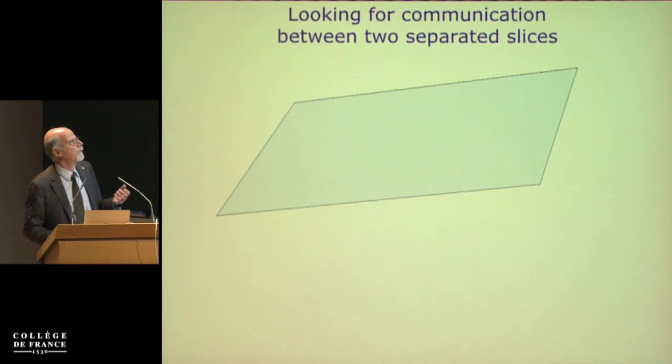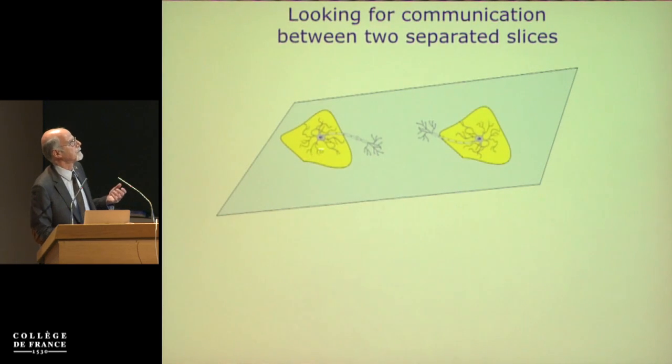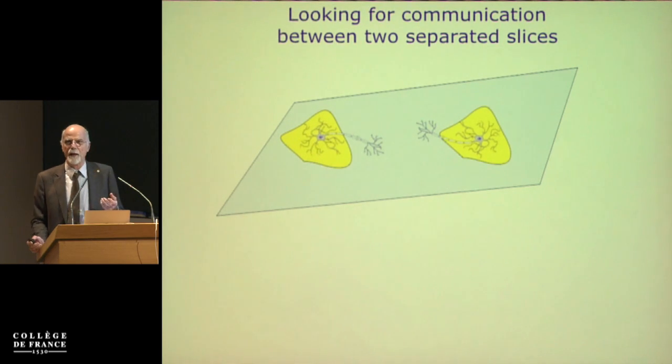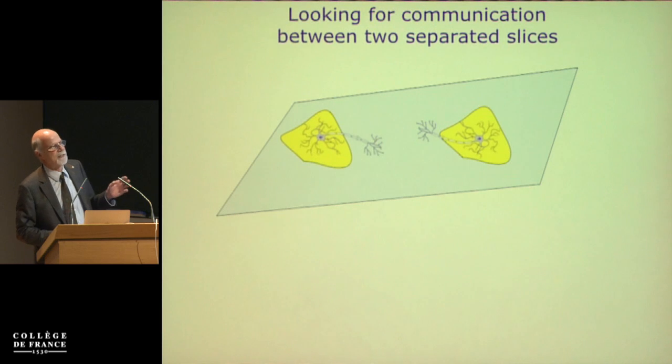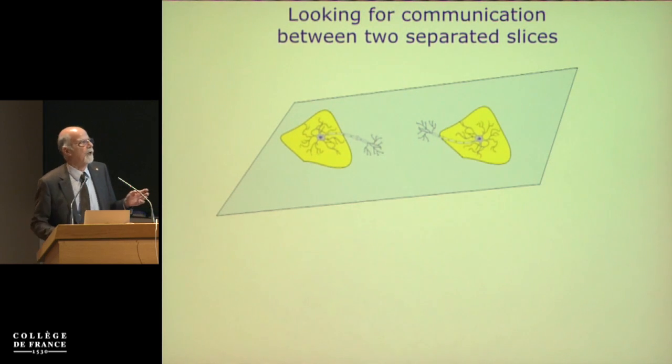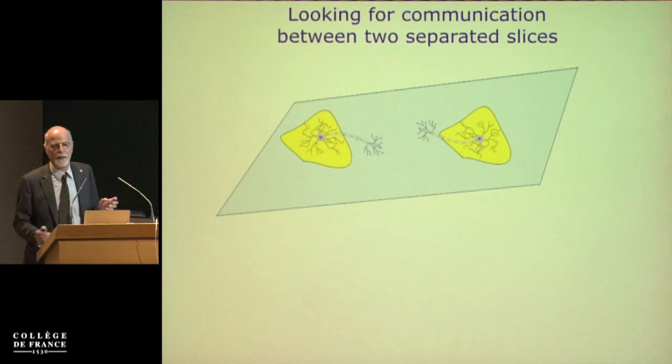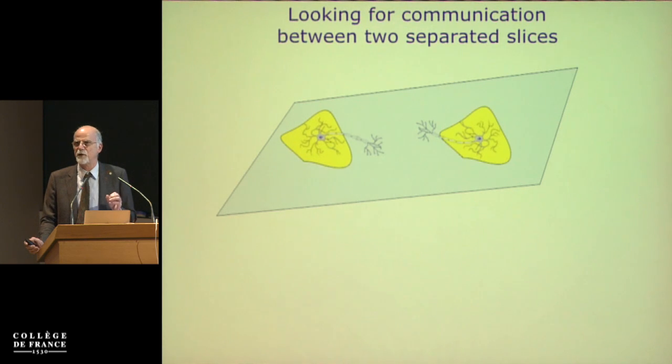And so we wanted to see whether, now we are not talking about single cells, we are discussing entire slices of spinal cord. So these are complex elements, not single cells.